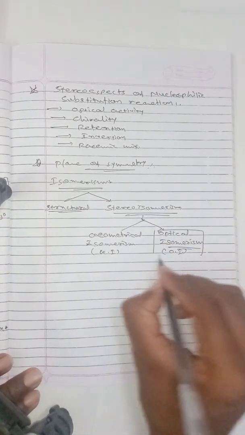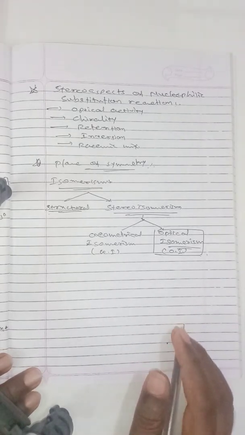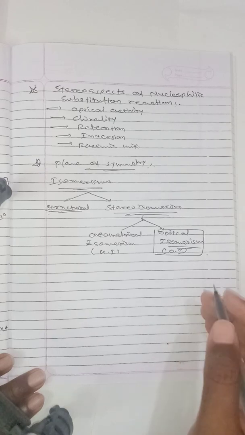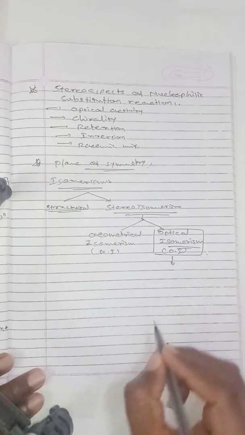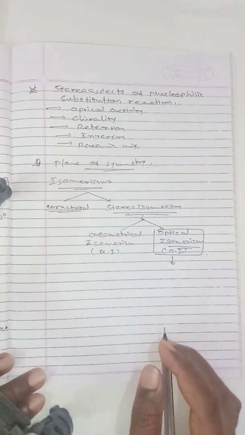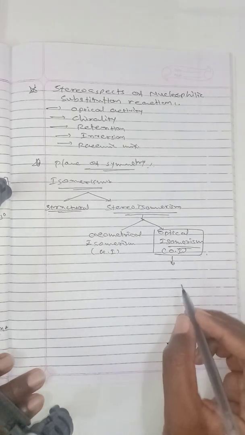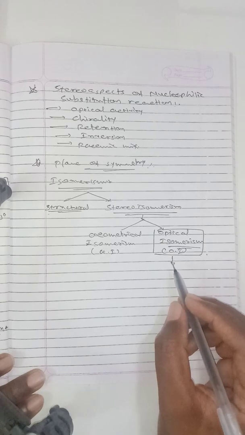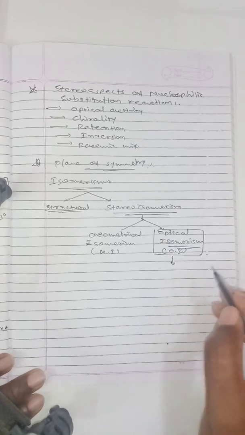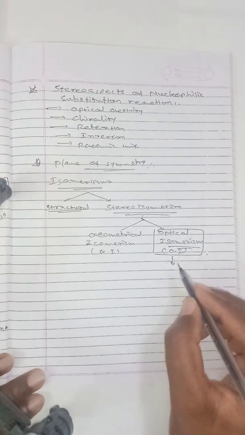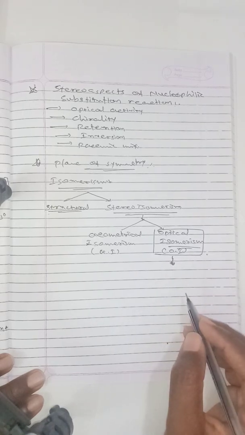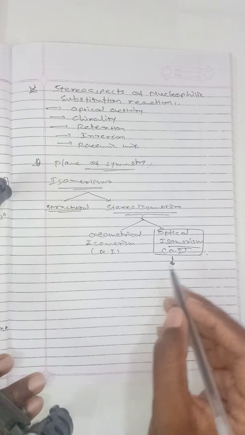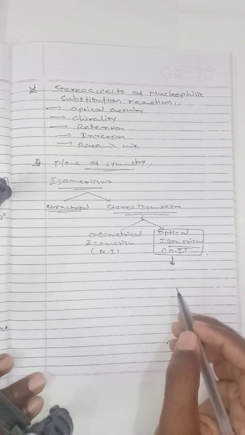Now let's see what is optical isomerism and what is an optical isomer. Optical isomers have the ability to rotate the plane of polarized light, and this property is often referred to as optical activity.